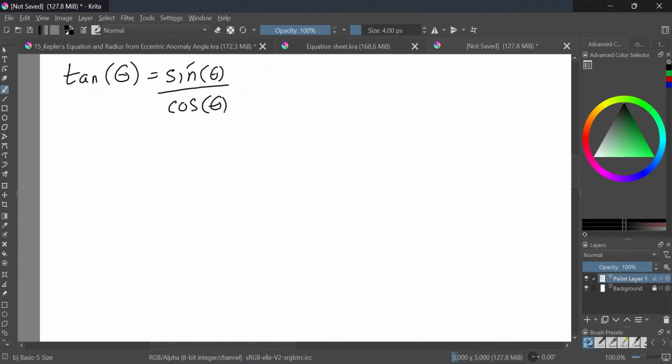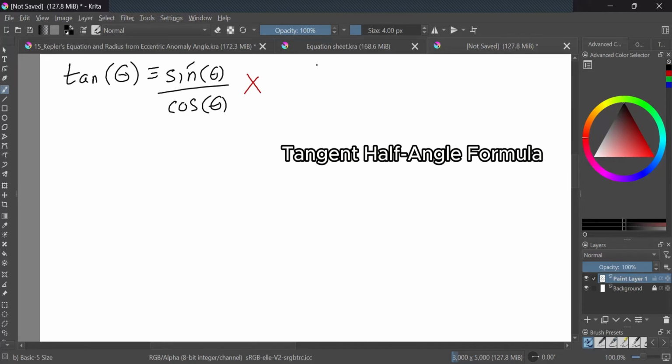Because if you remember from your trig days, this is the definition of tangent. This makes sense to follow through on. However, that is actually not the formula that we are going to go along with. We are going to look at the tangent half angle formula.